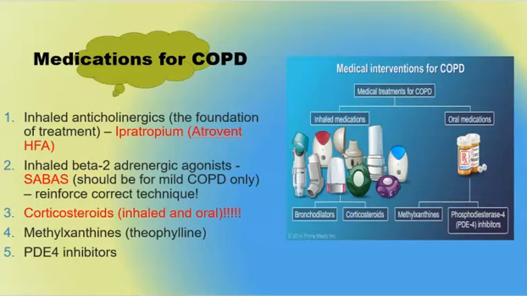You have those as inhaled and oral, okay? And then I'm not worried about number 4 and number 5, okay? I don't want you to focus on that at this point. This is not a pharm class. I want you to know the basics of the medications for COPD, okay? So you have the inhaled anticholinergics, Atrovent. You also have the inhaled beta-2 agonists, the SABAs, and then you have 3, the corticosteroids.